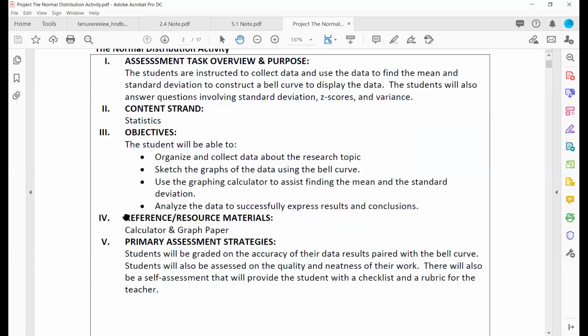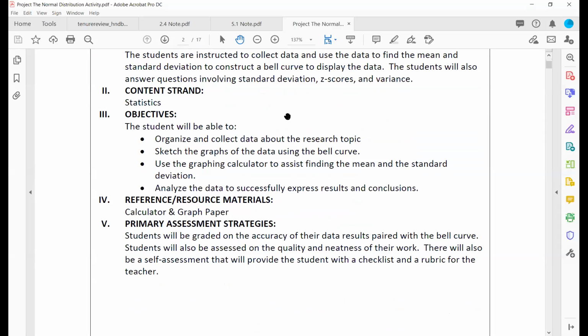The objectives: the students will be able to organize and collect data about the research topic, sketch the graphs of the data using the bell curve, use the graphing calculator to assess finding the mean and standard deviation, and finally analyze the data and make conclusions. So you're actually doing a project like a pro statistician.